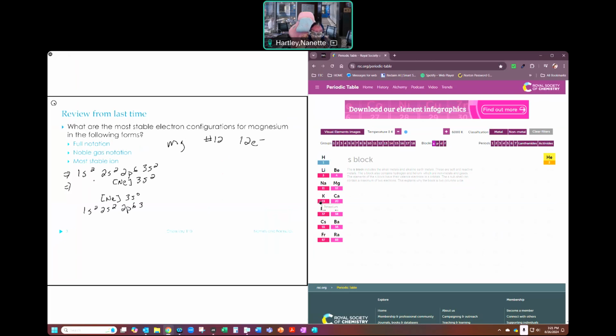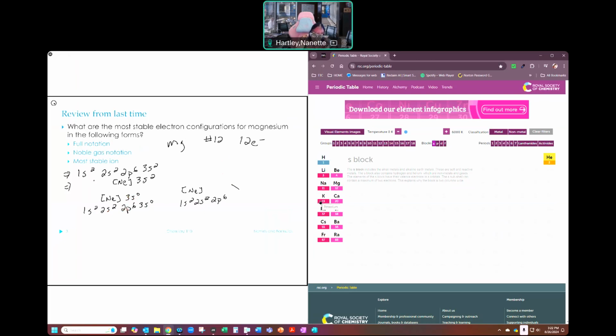Okay, and we can include the 3s0 on either one of those to indicate that we've lost those 2 electrons. Now, all of those are considered correct. So again, we can have Ne by itself, Ne with a 3s0, 1s2, 2s2, 2p6 with a 3s0, or 1s2, 2s2, 2p6.